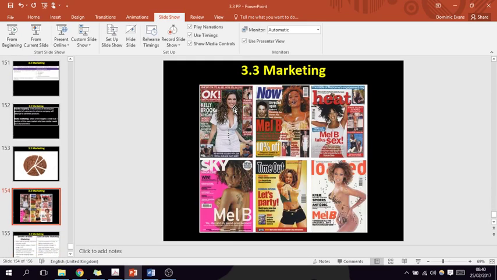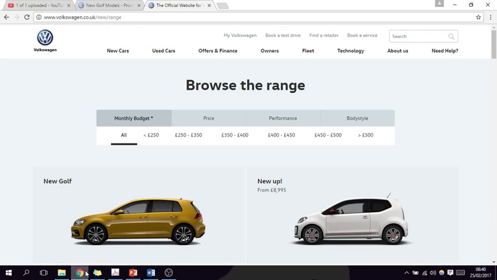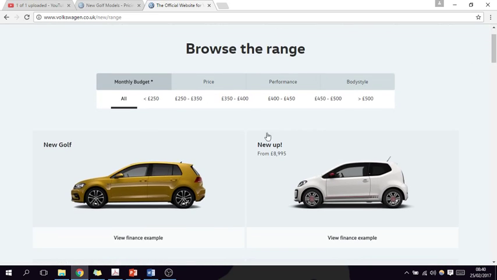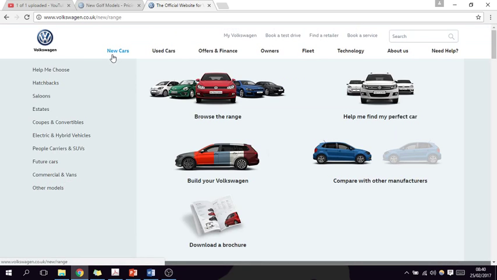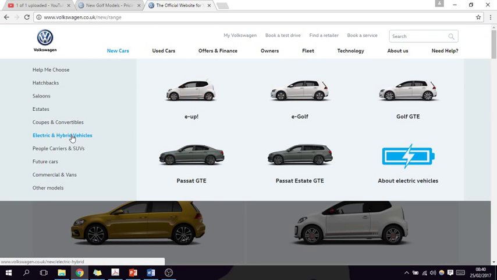One more example would be cars. There are some mass market cars, but electric and hybrid vehicles are at the moment not mass market cars. They appeal to a relatively small group of a larger market.